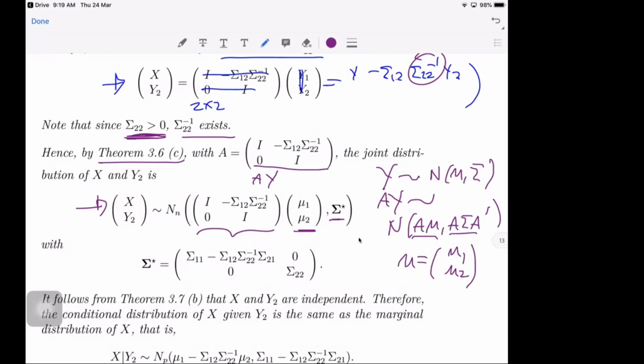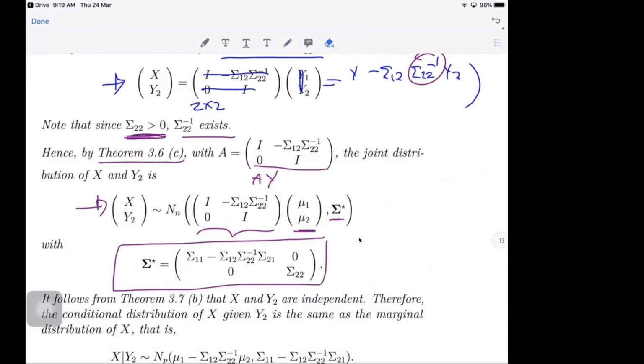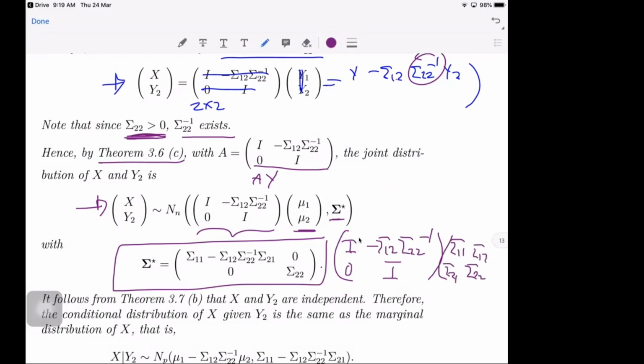If you multiply I, 0, minus sigma 12 sigma 22 inverse, I, and then sigma 11, sigma 12, sigma 21, sigma 22, and then the transpose of A, which is I, 0, minus sigma 12 sigma 22 inverse, I, you will get this result.